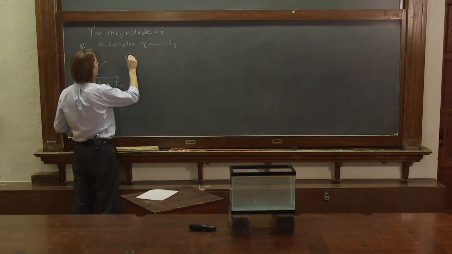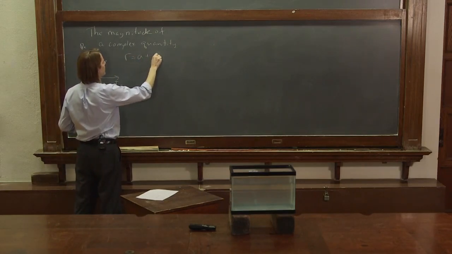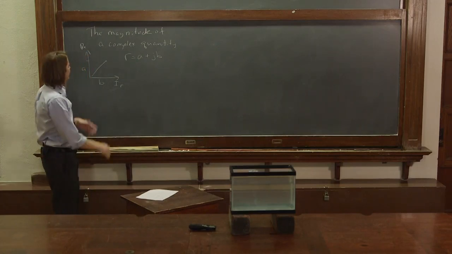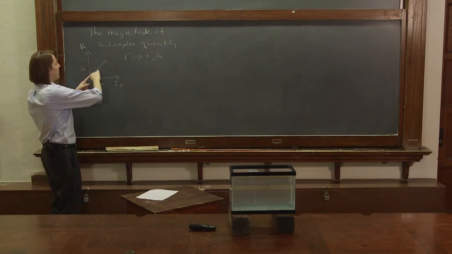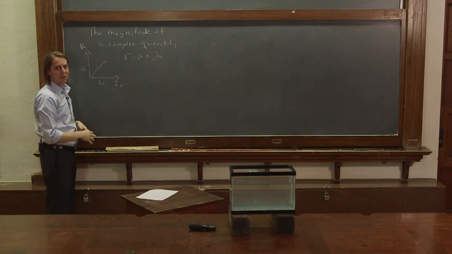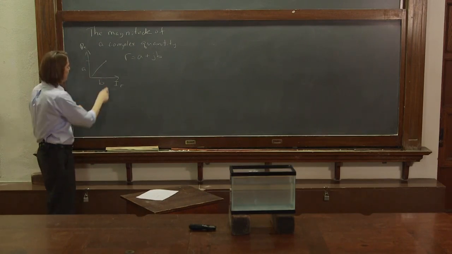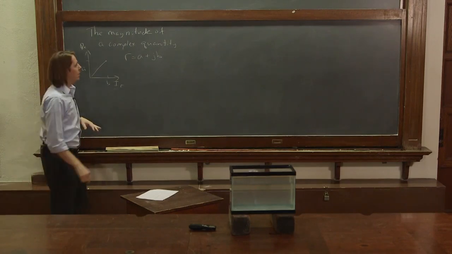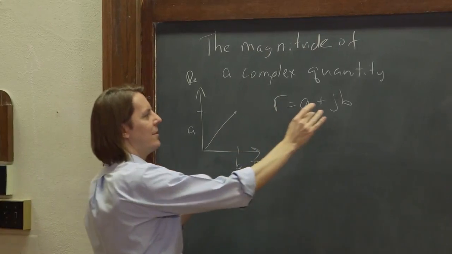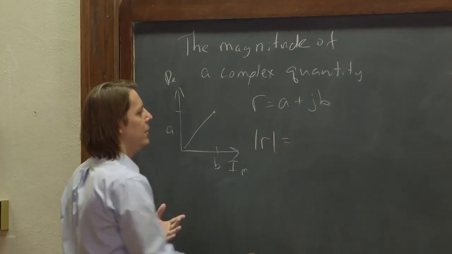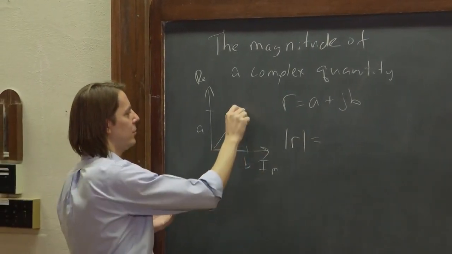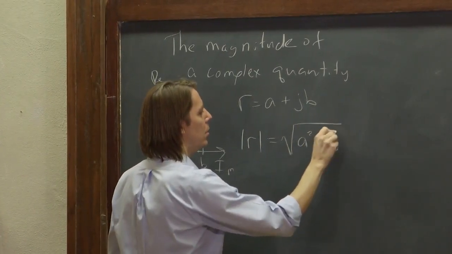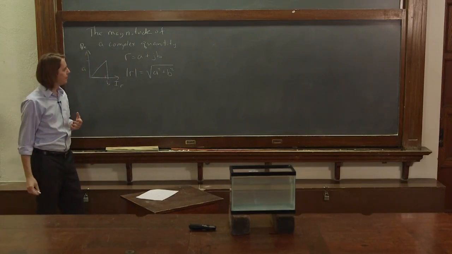So the way you can write this position r is a plus j times b. Real part, imaginary part. If you want to know the length of this, if it were a vector, how big is r? The real part is a, the imaginary part is b, but how big is it in total? Well, if I just draw a triangle and do the Pythagorean theorem, its magnitude is the square root of a squared plus b squared, all right?